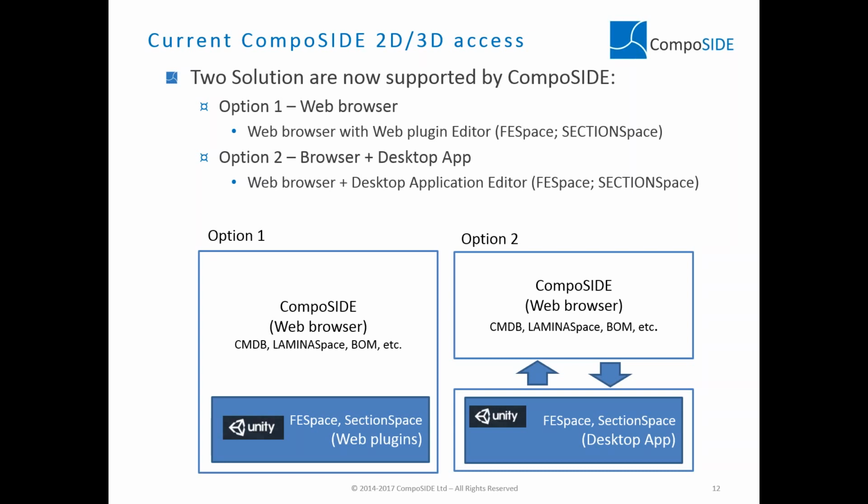The second way to work with CompoSIDE is to deal with a number of modules on the web browser and to manage section space and FE space models within the desktop application editor. So you can see visually represented option 1 and option 2.